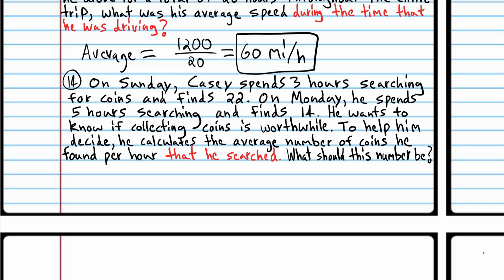On Monday, he spends 5 hours searching and finds 14 coins. He wants to know if collecting coins is worthwhile. To help him decide, he calculates the average number of coins he found per hour that he searched. What should this number be?